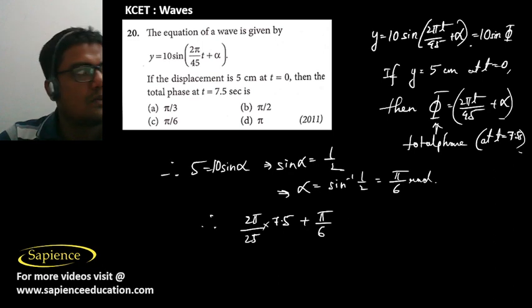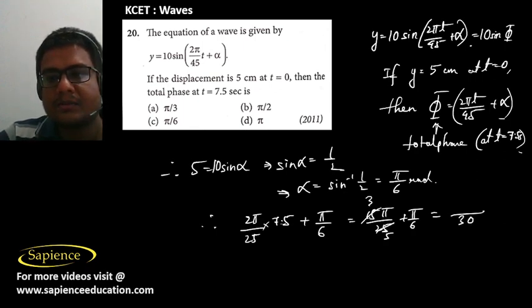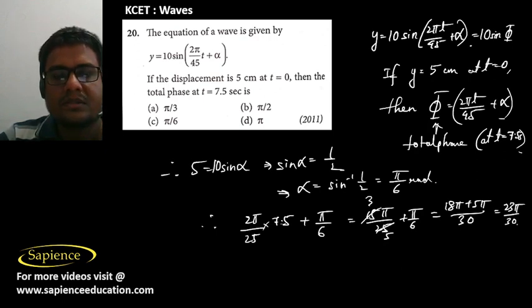So that will be equal to 7.5 into 2, that is 15 pi by 25 plus pi by 6.